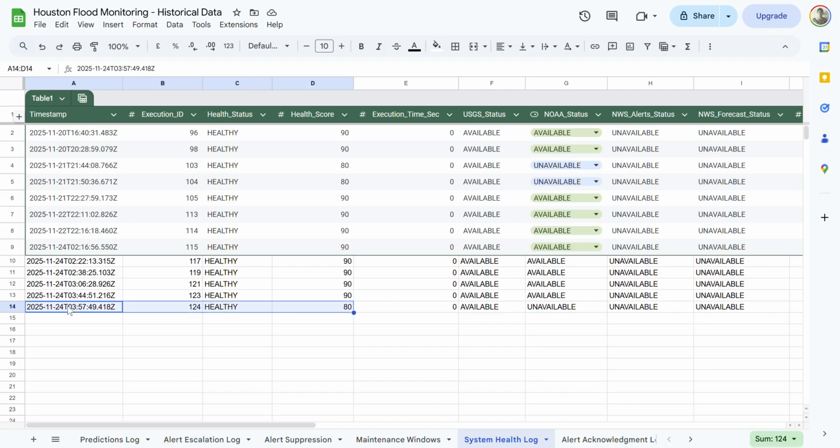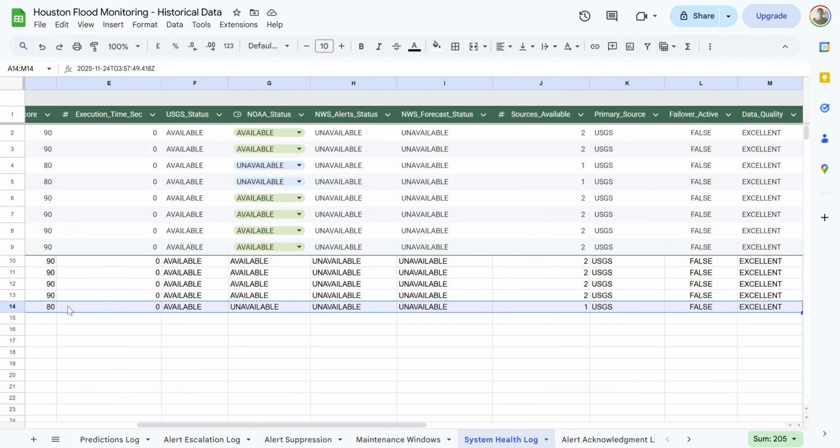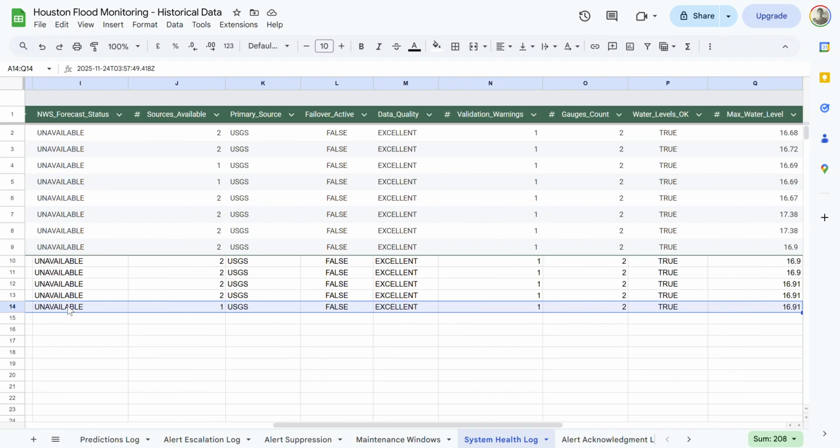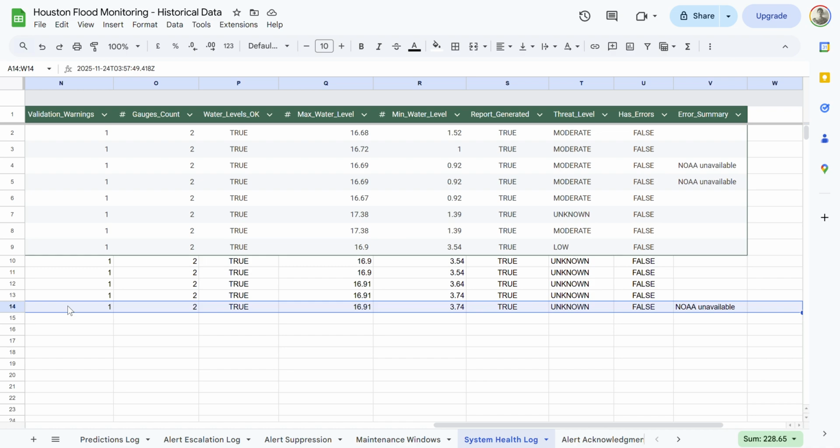This is currently the system health log that we have logged. So if NOAA data is available, it will show available.